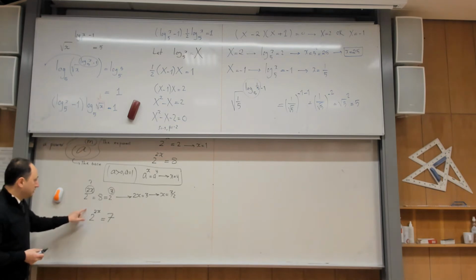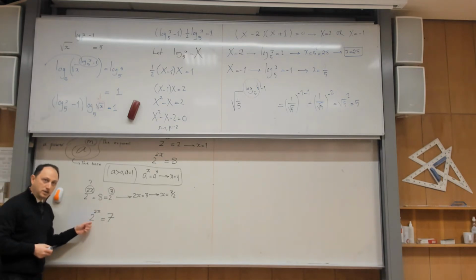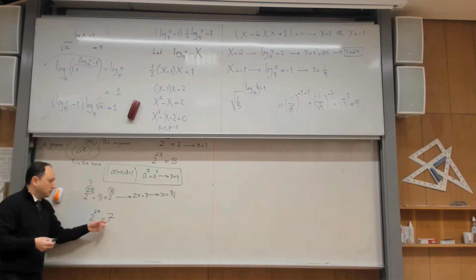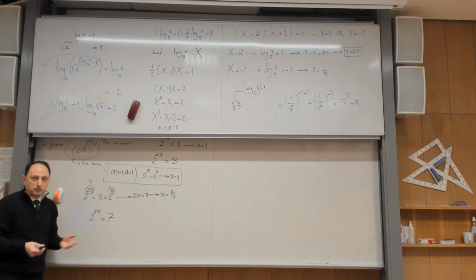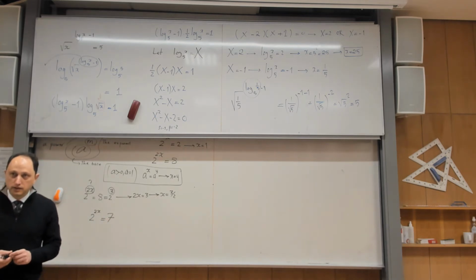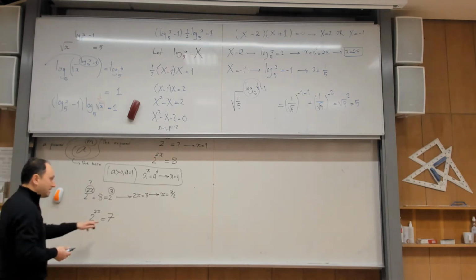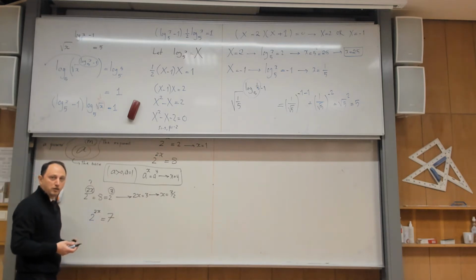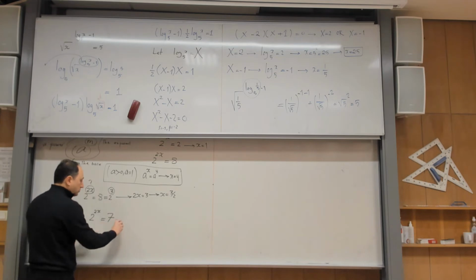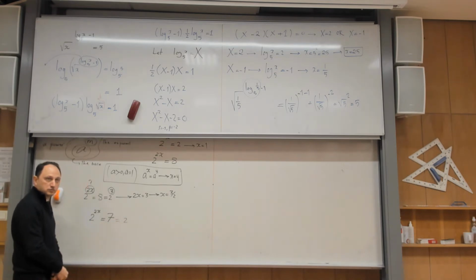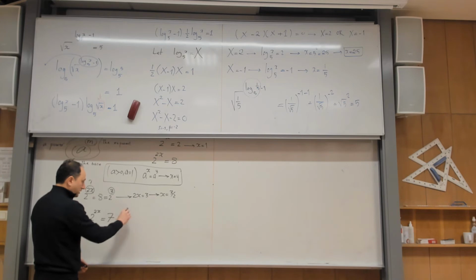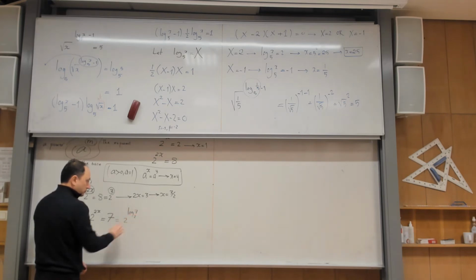Whenever you have an exponential equation with a given base, to succeed in solving the problem, you should be able to write the right-hand side also in the same base. Did we know in Math 1C that 7 is 2 to which power? Not exactly. But now we know. Can you write 7 in the form of a power whose base is 2? Log of 7 to the base 2. Yes, we learned that: log of 7 to the base 2.